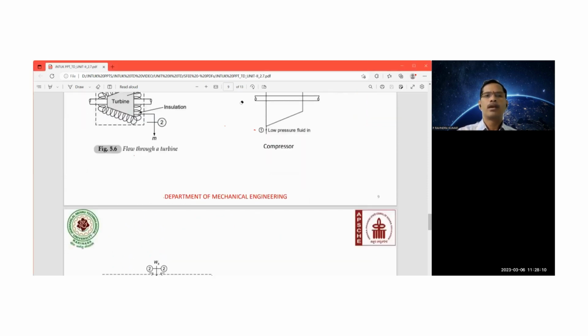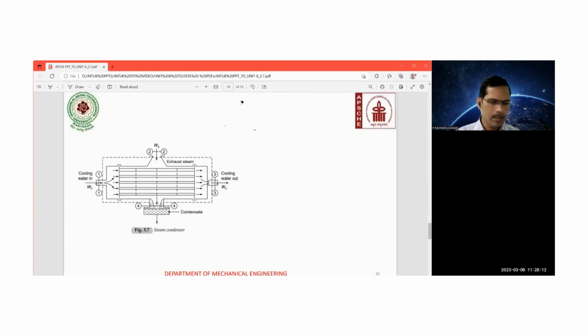then the heat exchanger content is there. So what is the importance of heat exchanger? Heat exchangers you can define in terms of two varieties.